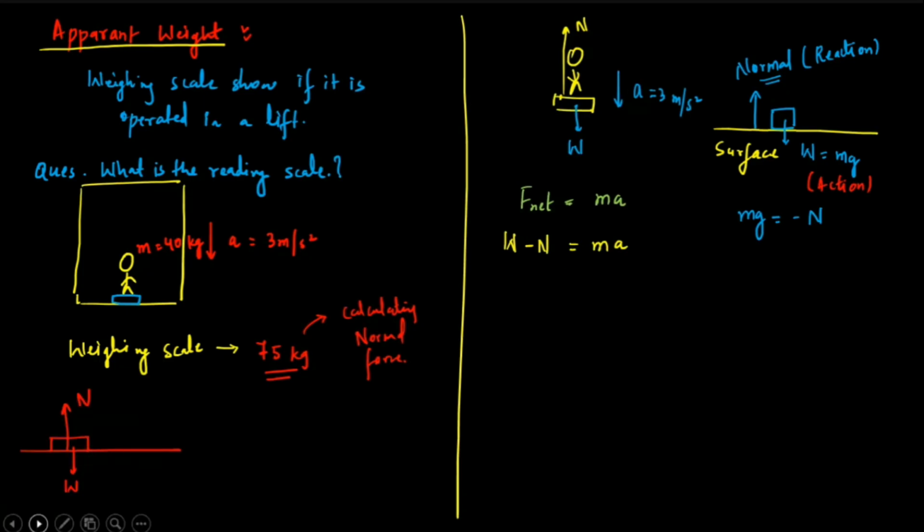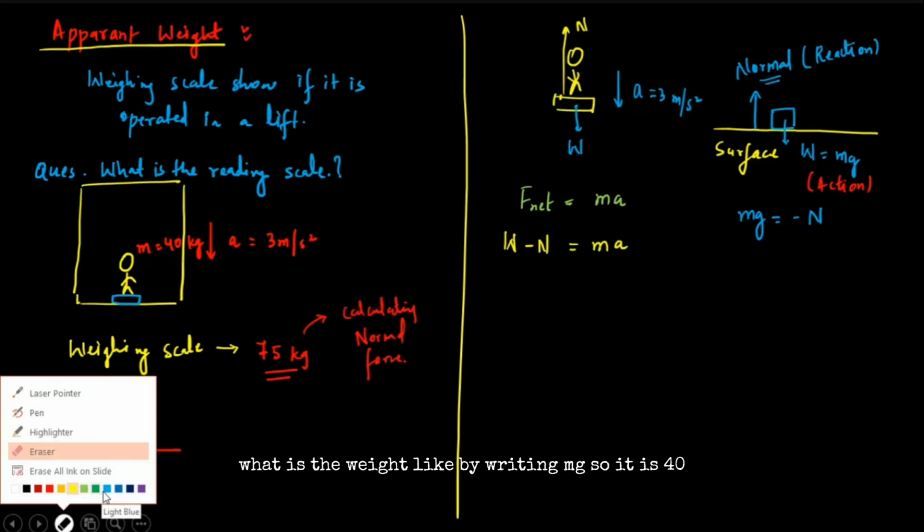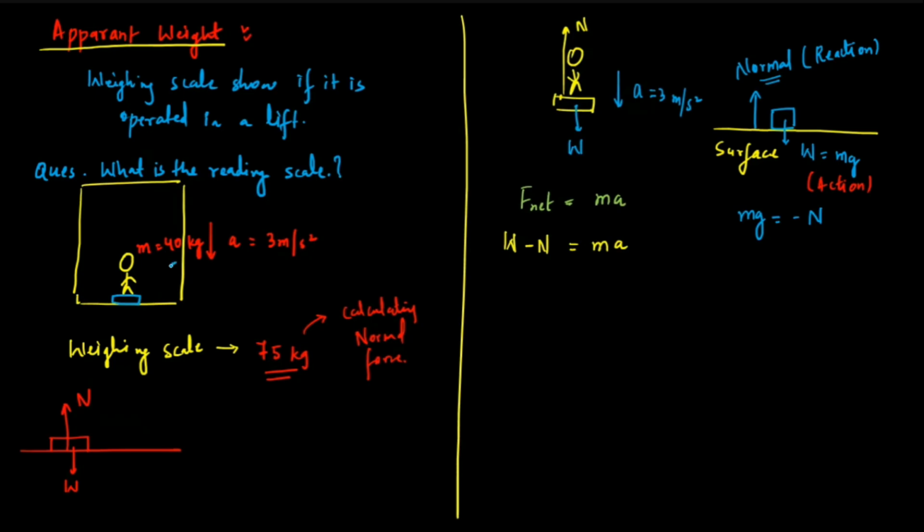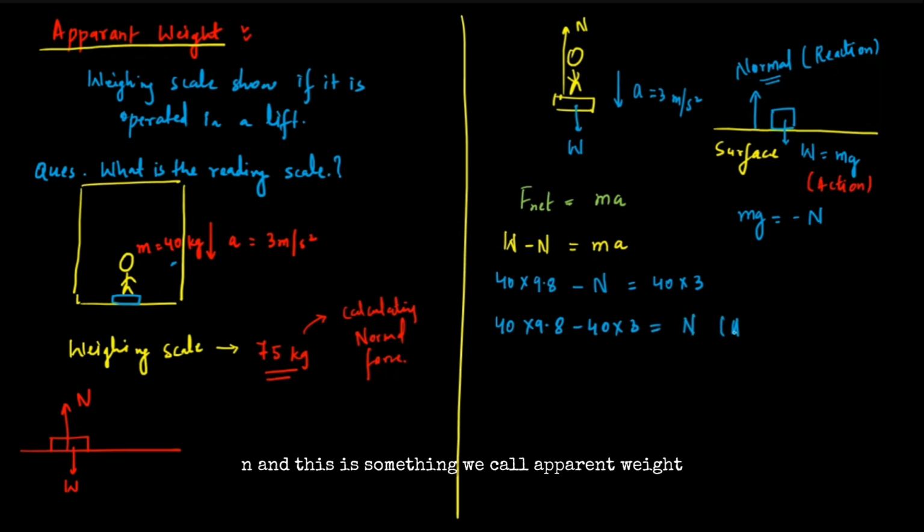Here we can easily find the weight by writing mg. So it is 40 times 9.8 minus N equals 40 times 3. So 40 times 9.8 minus 40 times 3 is equal to N. And this is something we call apparent weight.